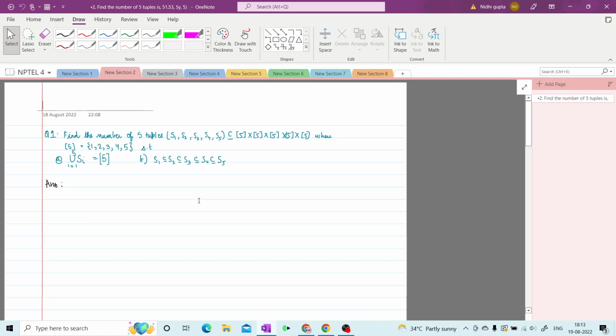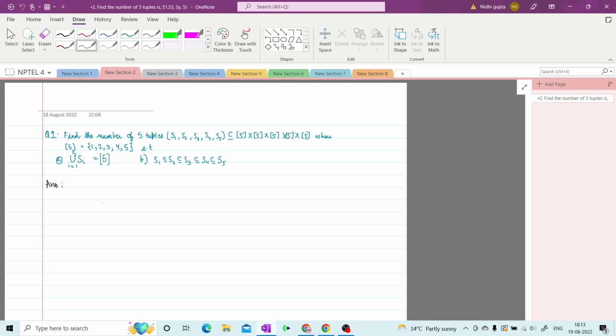So our first problem is that we have to find the number of 5-tuples S1, S2, S3, S4, S5, where each of these Si is a subset of [5], which is the set of the first 5 natural numbers, which is 1, 2, 3, 4, 5.